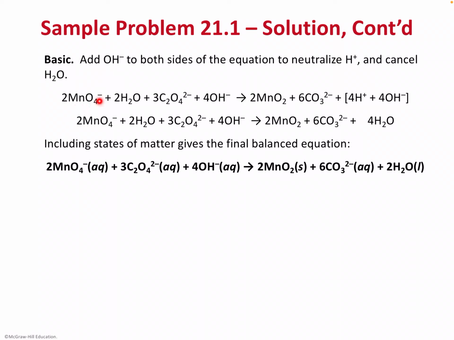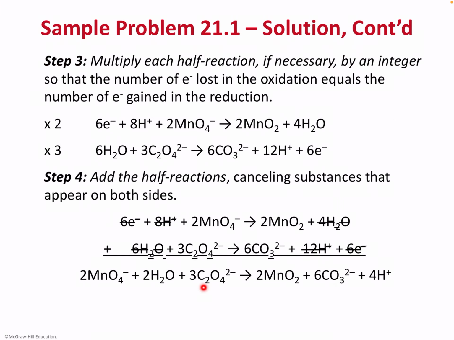Now this is our equation, 2 manganate, 2 water. So you're going to be adding hydroxide to both sides. So there are 4 H plus. To make water molecules, you need another 4 hydroxide. When you're adding 4 hydroxide, you have to add to both sides.